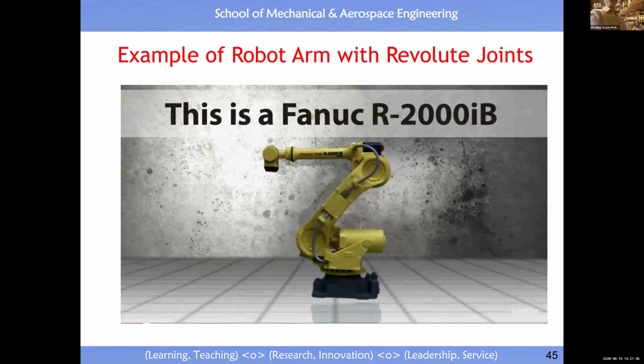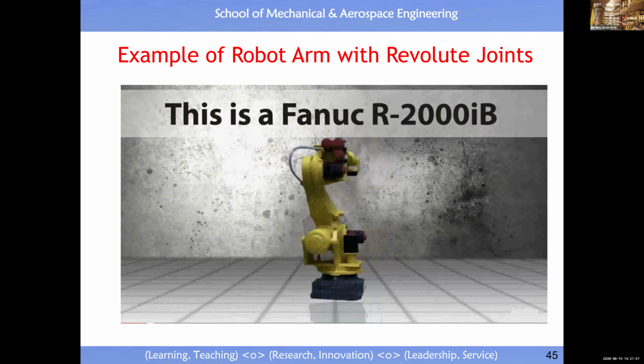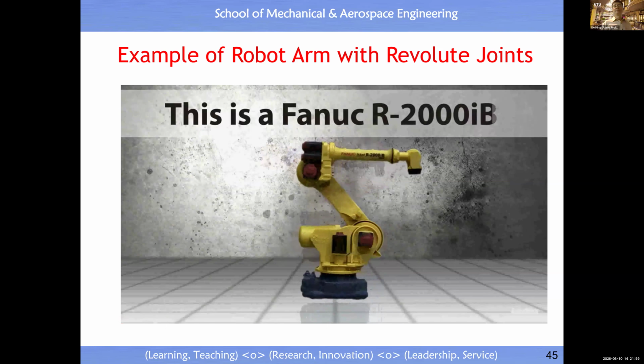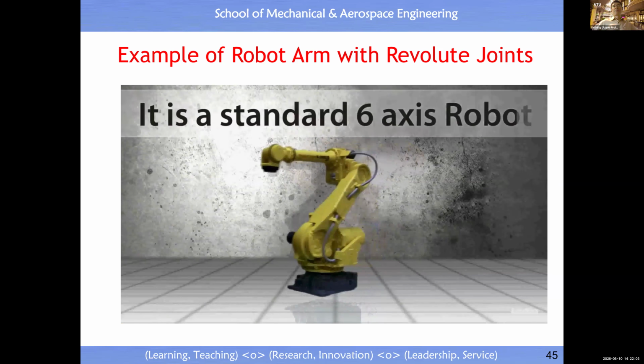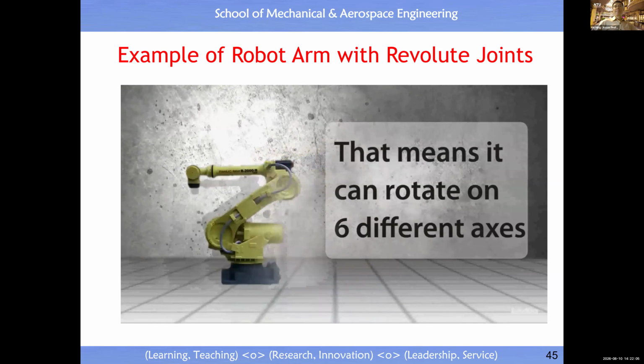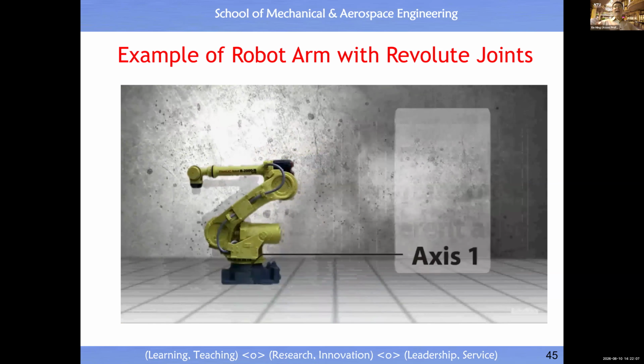Okay, this video summarizes the components inside an industrial robot or robotic arm. That gives you a big picture about the basic components inside a robotic arm and also some terminology, right? So you see axis, right?